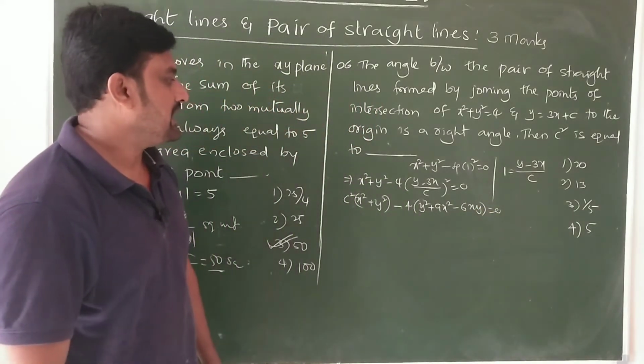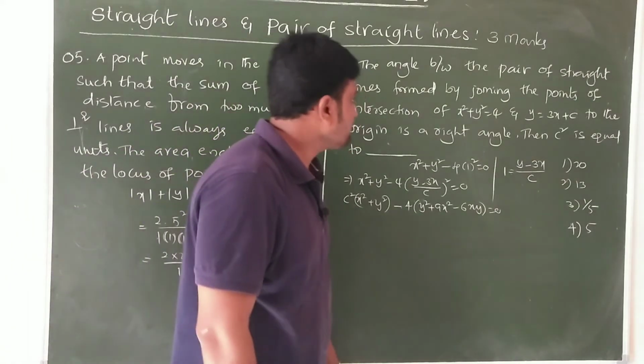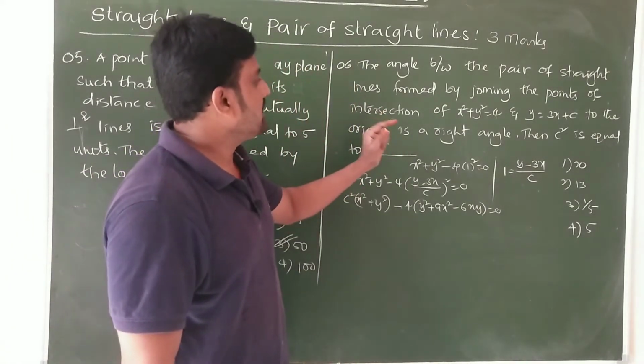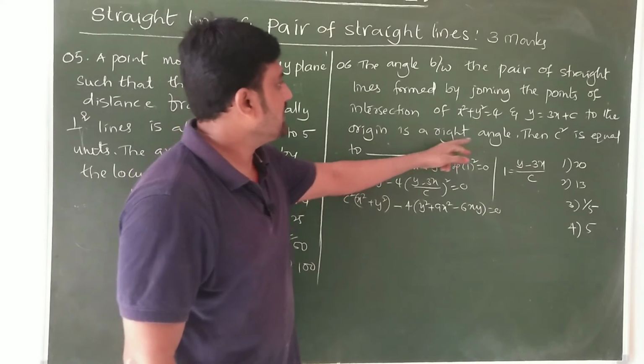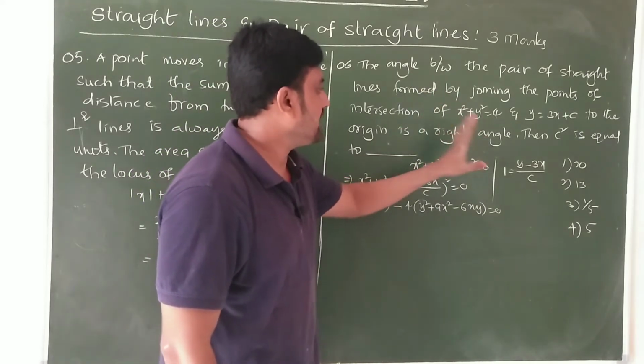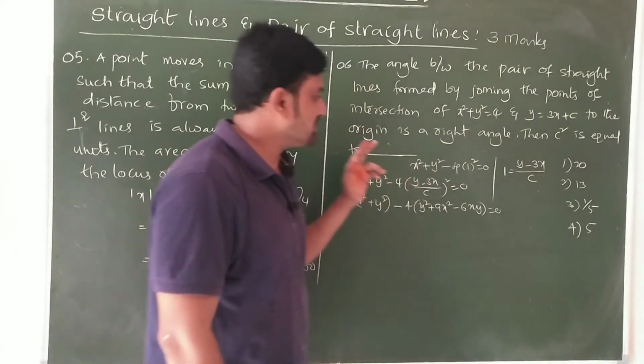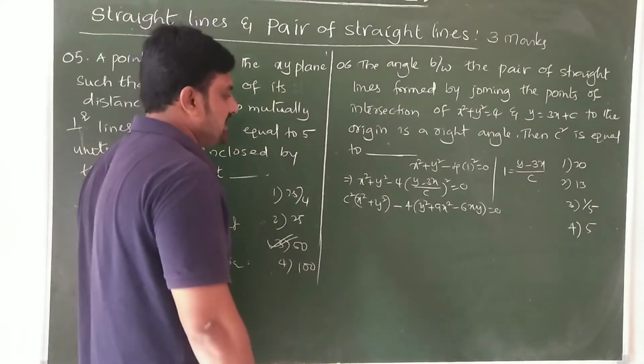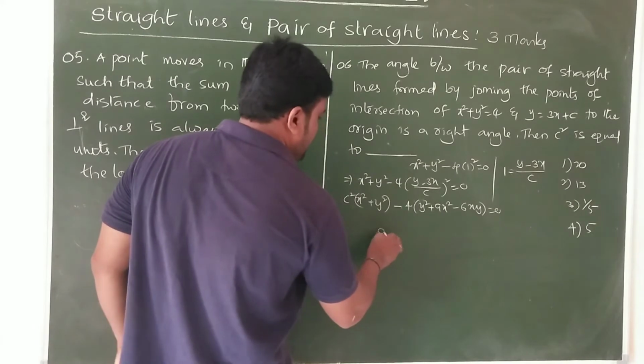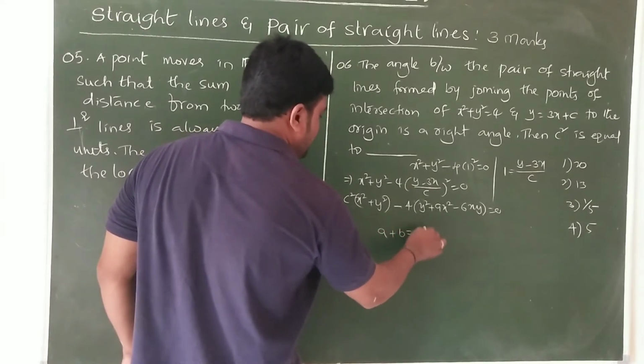Leave that. Actually we need what? The angle at the origin is a right angle, so this equation represents two lines perpendicular to each other. So here x square coefficient plus y square coefficient equals 0, yes or no?